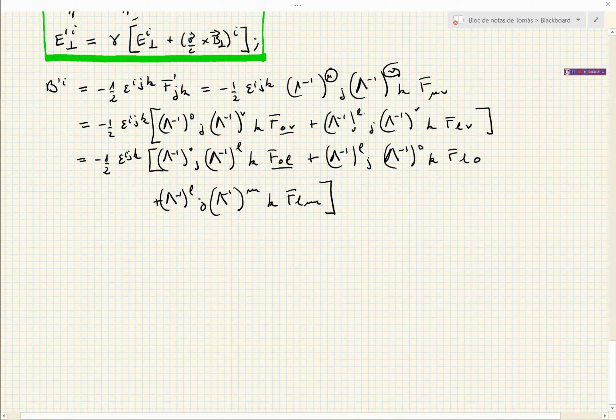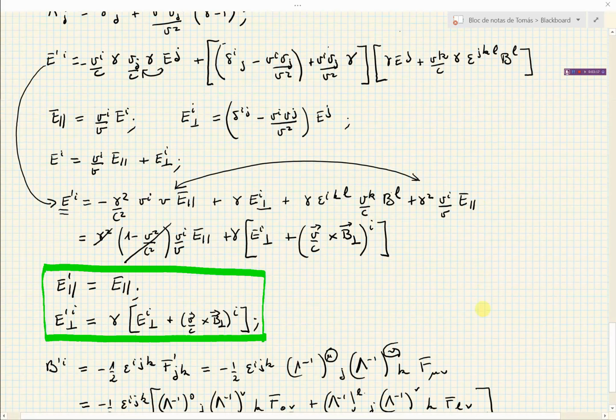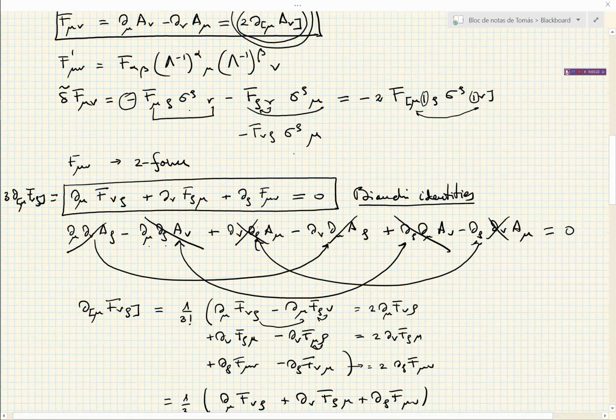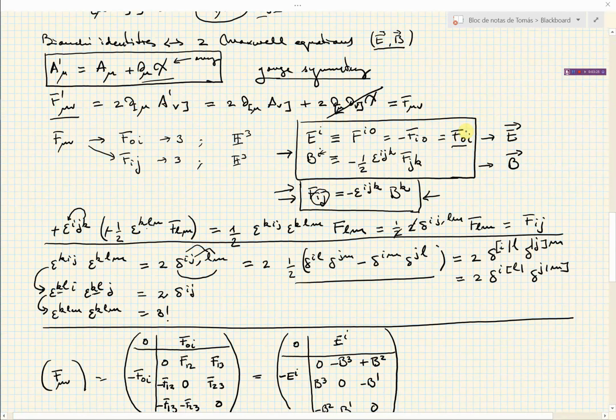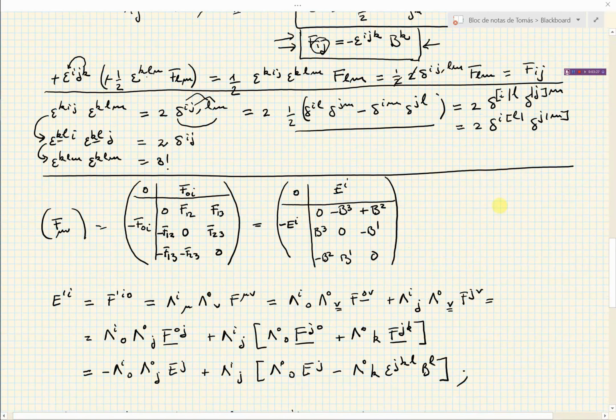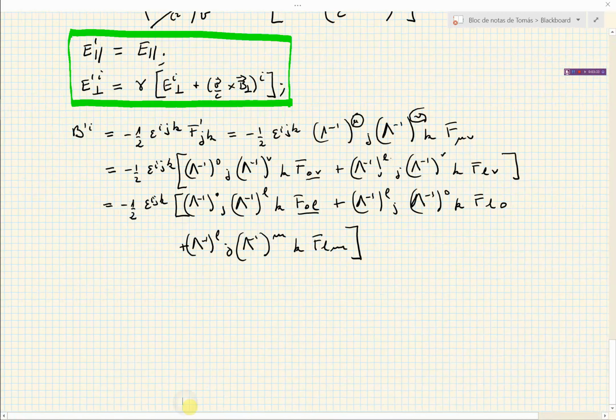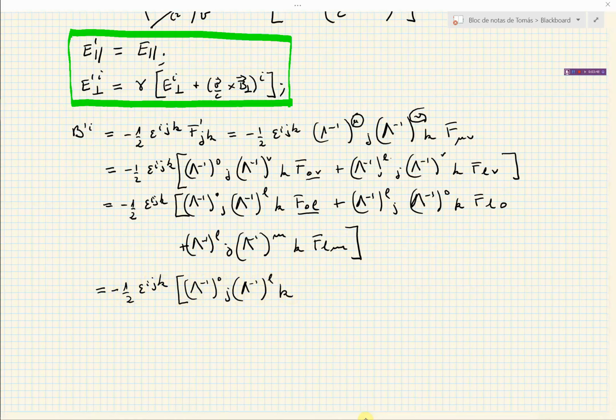If I look into the definitions that I made, f0L is directly EL with the index up, so minus half epsilon I j k, and then I have lambda minus 1 0 j, lambda minus 1 L k and E L.